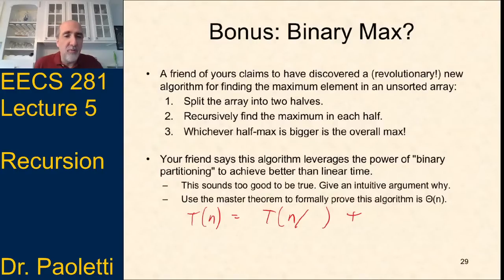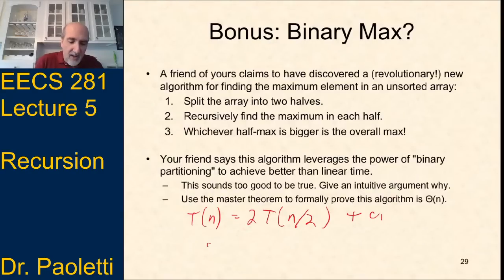That's pretty easy. After we make the recursive calls, we figure out, hey, this recursive call said 12, this recursive call said 17, the bigger of the two is 17. So that's just a constant amount of work there. We divide it in half, but we have to make recursive calls into both halves.